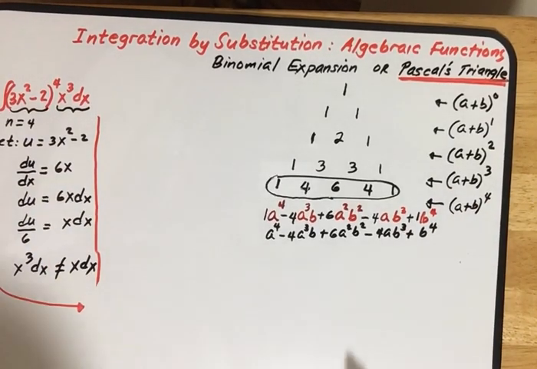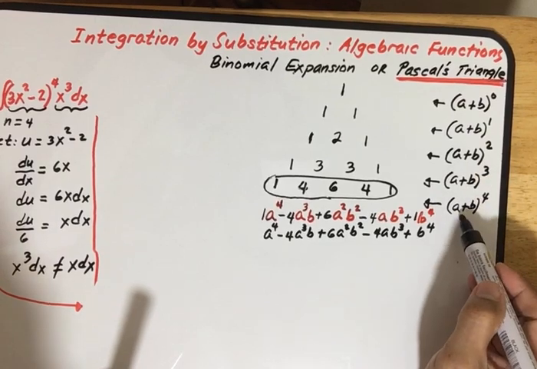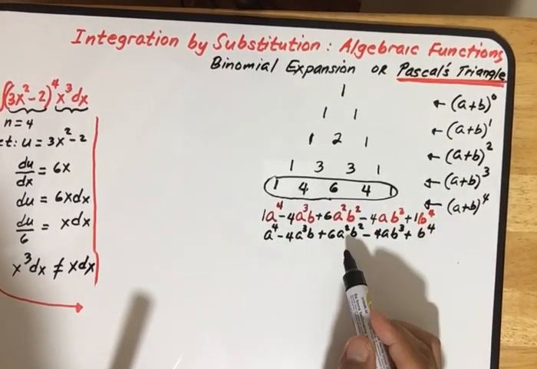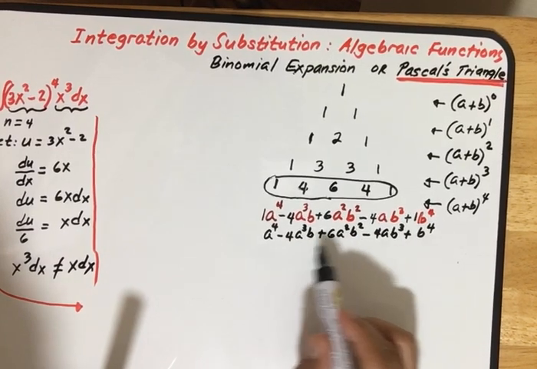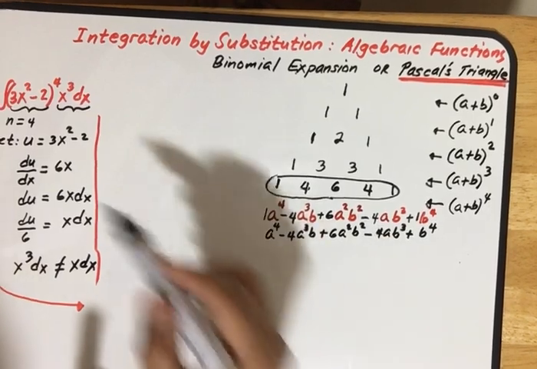That is now the resulting expansion based on this given exponent equal to 4. So we use this one, and this is the expansion that we are going to use to expand this.